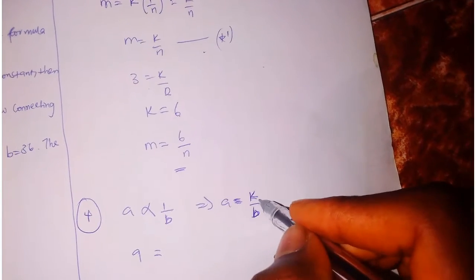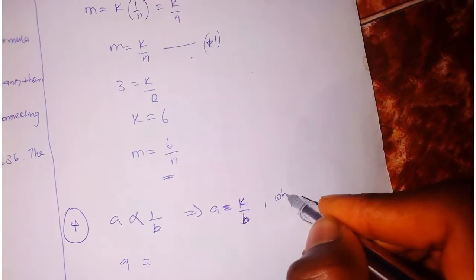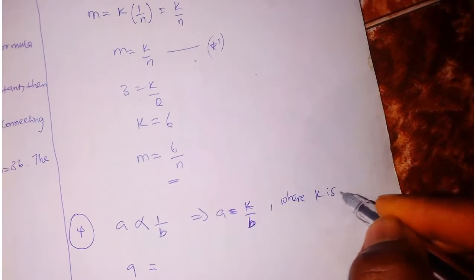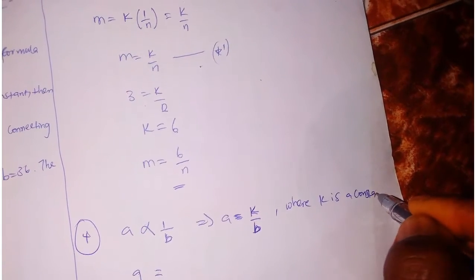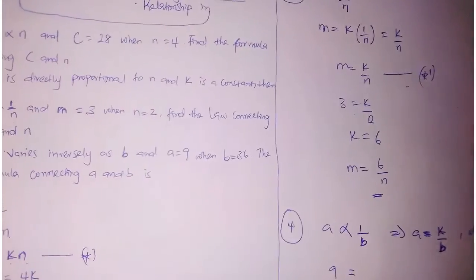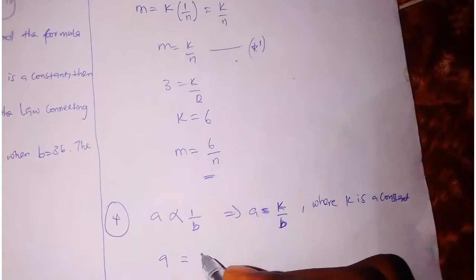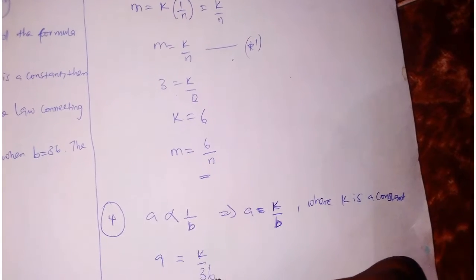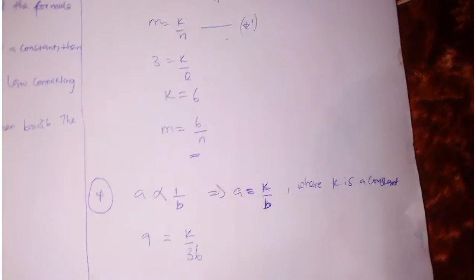You can use C as your constant here, but you must state it, where K in this case is a constant. Then since my A is 9 and my B is 36, I have K over 36 in this case.